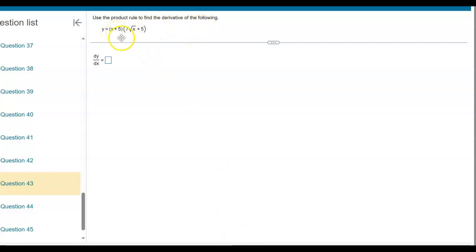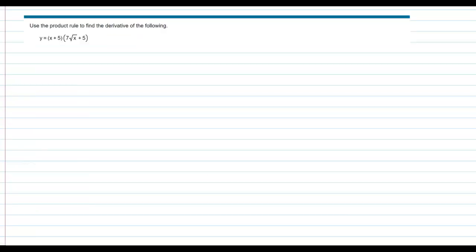Okay, so let's just go ahead and apply the formula for the product rule. So recall, product rule is that, if u and v are functions in x, the derivative of uv is equal to uv prime plus vu prime.